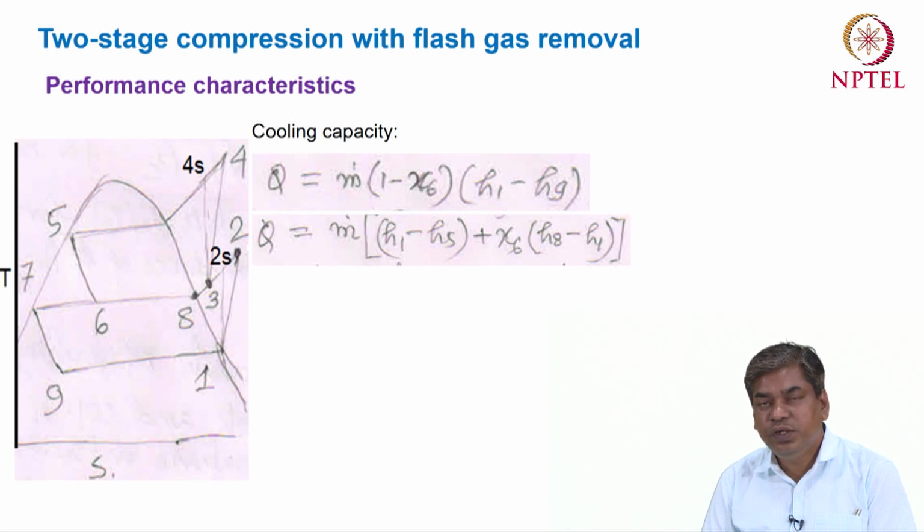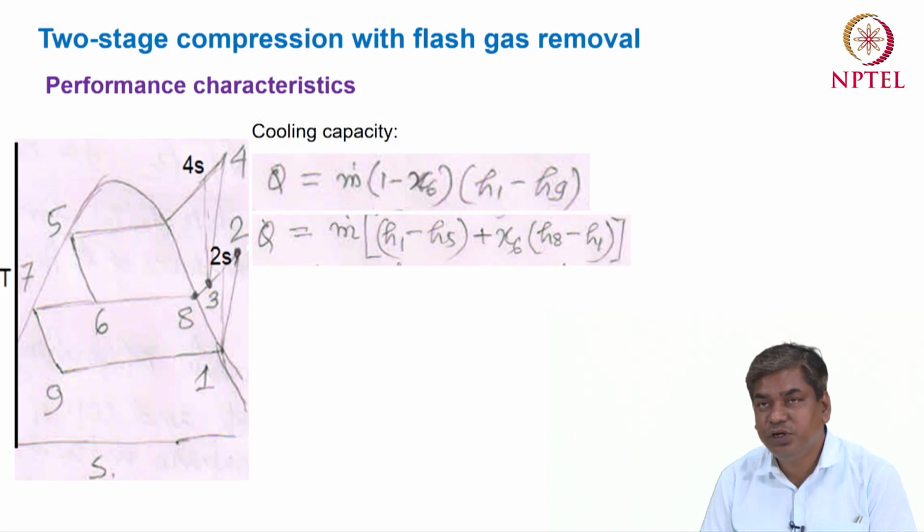Okay, and if you replace h7 using h8 and h5, because h5 is equal to h6, that is equal to 1 minus x6 into h7 plus x6 into h8. Okay, so from this equation, if we replace h7, we can get this equation.